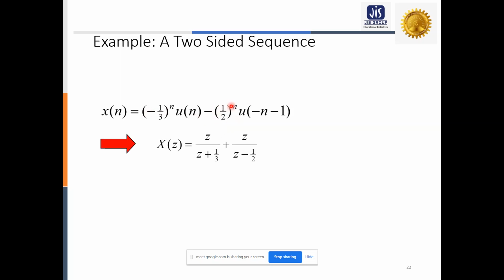If we take the z transform, then X(z) is z by z plus 1 by 3, since a is minus 1 by 3, that's why z by z plus 1 by 3, and for this case it is also z by z minus 1 by 2.